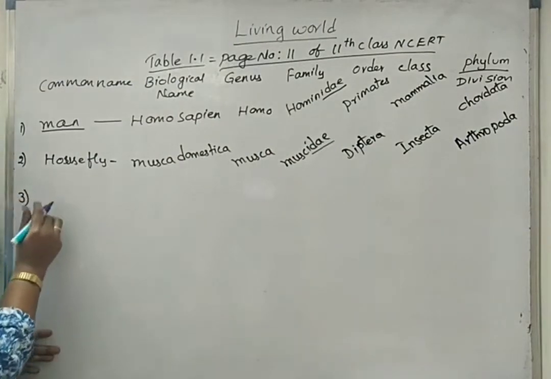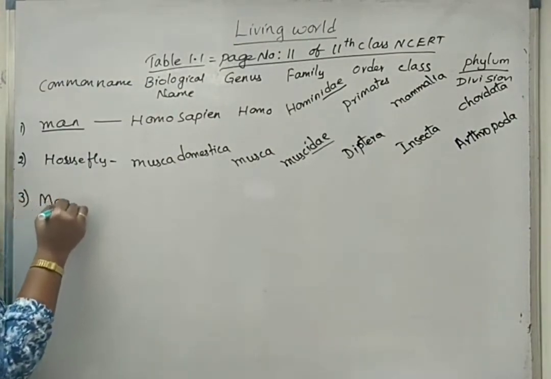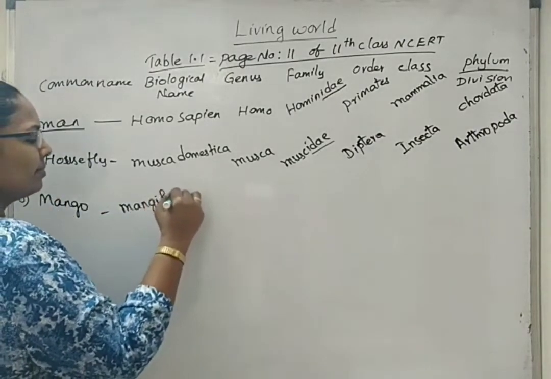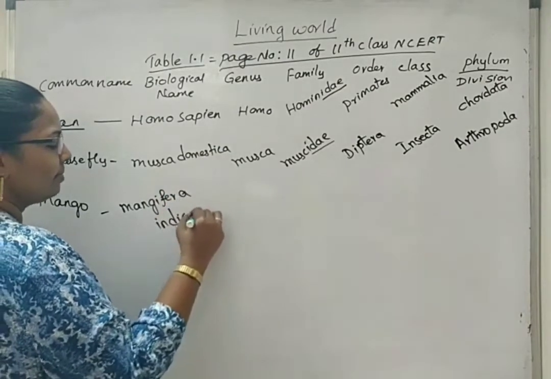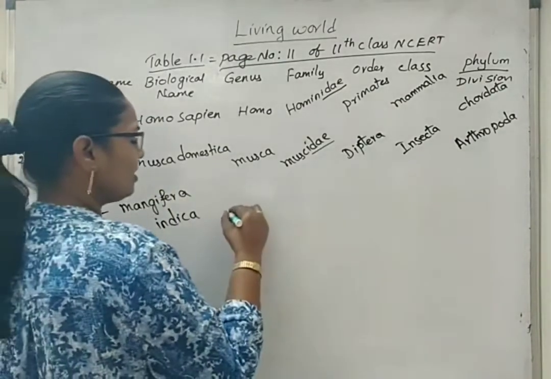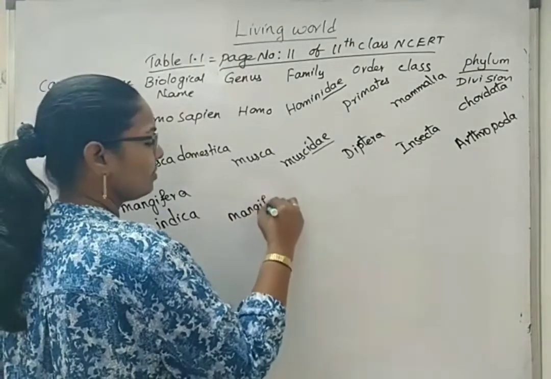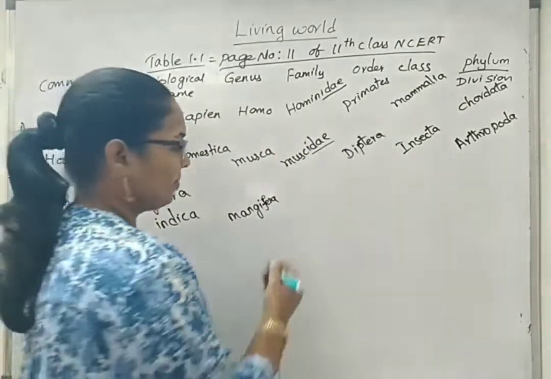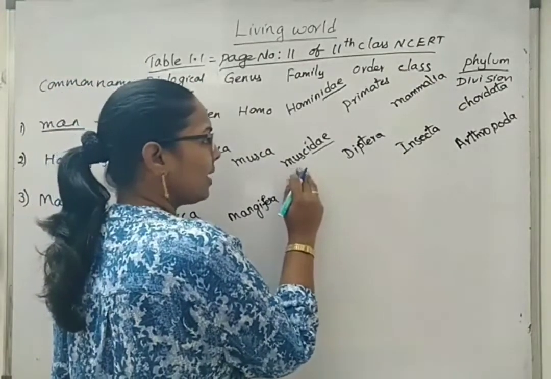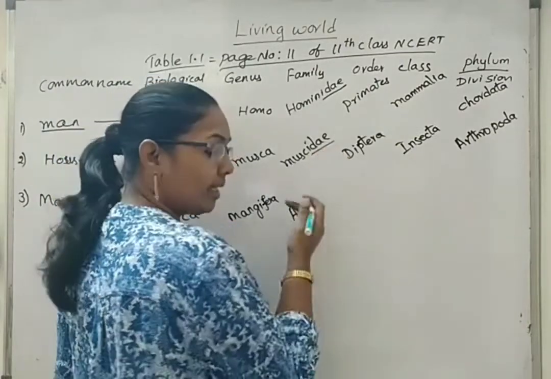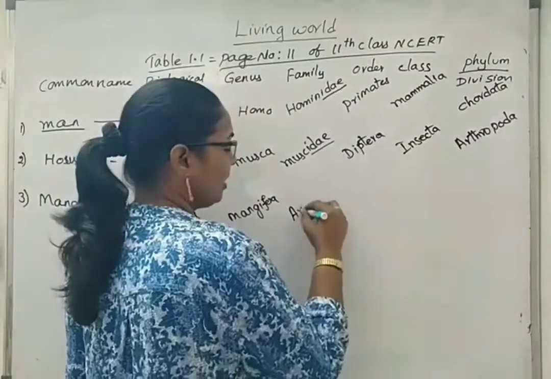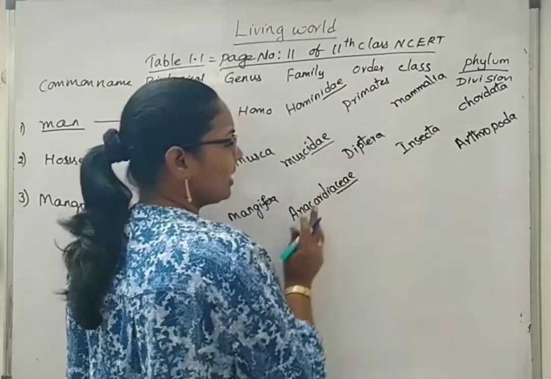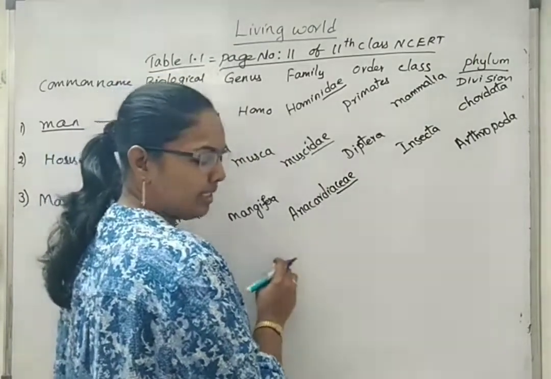The third example given is mango. Biological name is Mangifera indica. Genus name is Mangifera. Family name is Anacardiaceae. Under animals we have seen IDAE, but under plants it changes. In Anacardiaceae, CEAE is common for plant families.